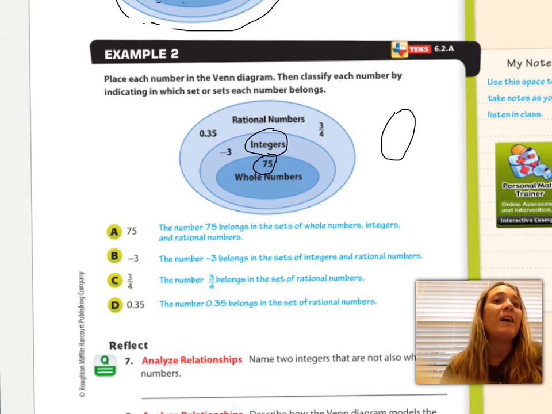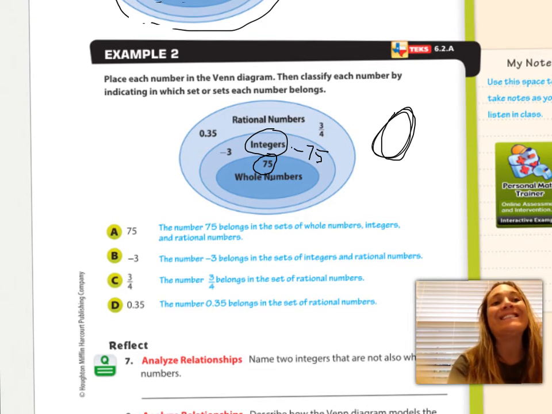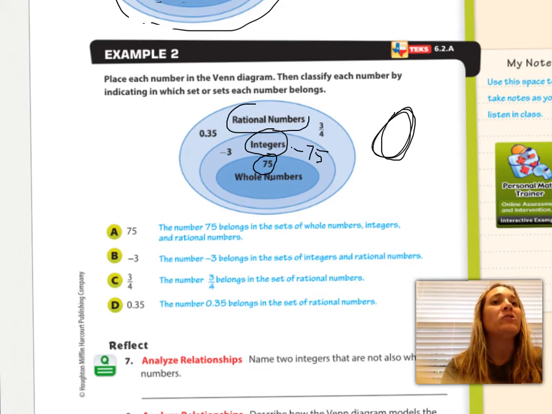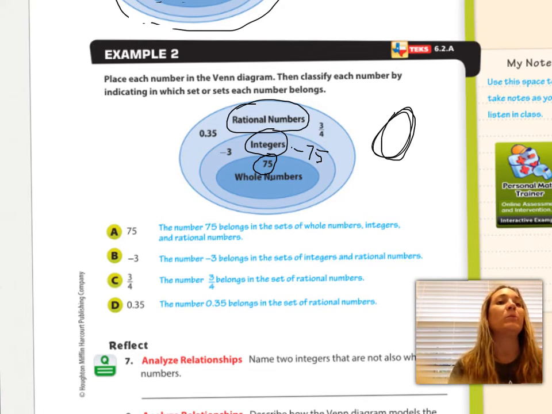So 75 is a whole number. It is also an integer. And then negative, let's say negative 75, it's not a whole number, because remember, your whole numbers start with the whole, with 0. But it is an integer. Okay? It's also a rational number, because rational numbers are all those whole numbers, 0 through infinity, and the integers, all of those numbers and the opposites.